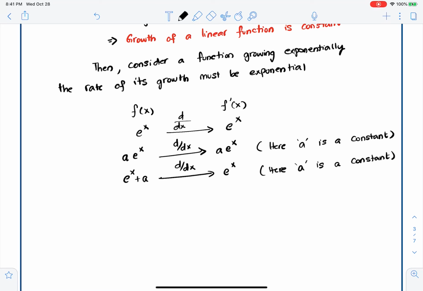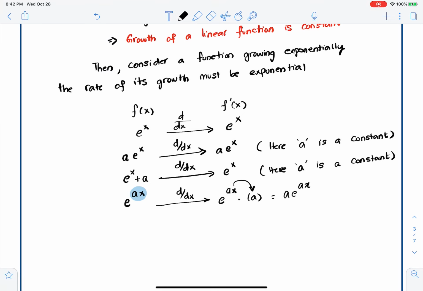And if we have e raised a times x, and you take the derivative with respect to x, keep in mind we have a times x, not x by itself. So if we use chain rule, we have e raised ax multiplied by the derivative of ax, which is just a. So still, a is a constant, so we have a multiplied by e raised ax.